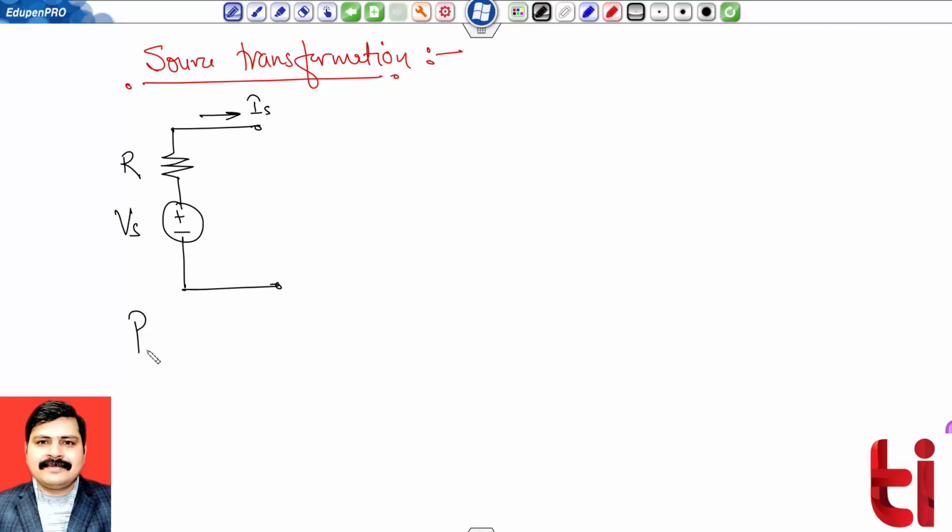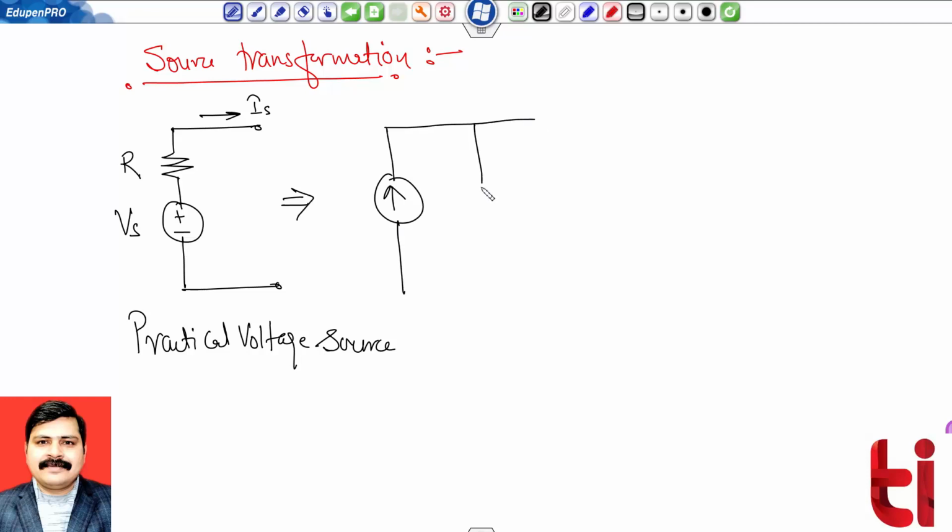So this is my practical voltage source. This can be converted to an equivalent practical current source. That means a current source in parallel with a resistance. We have already seen how to find the practical current source. So this value should be my Vs, which will be equivalent to the voltage source.